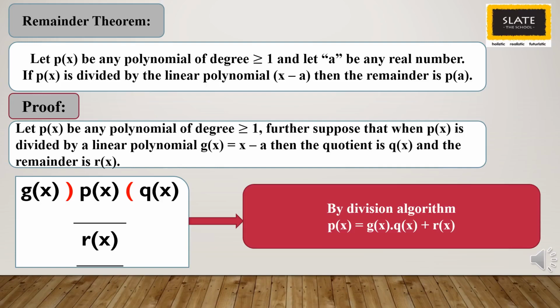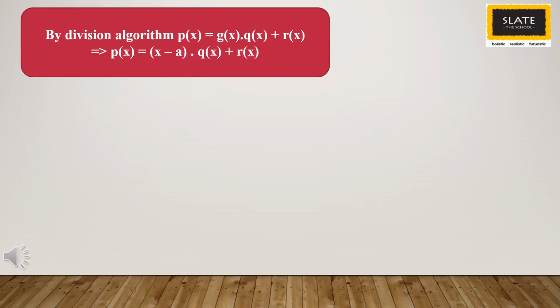By the division algorithm, we can write dividend equal to divisor into quotient plus remainder. That is p of x equal to g of x into q of x plus r of x. Given g of x equal to x minus a, by substituting we get p of x equal to (x minus a) into q of x plus r of x.